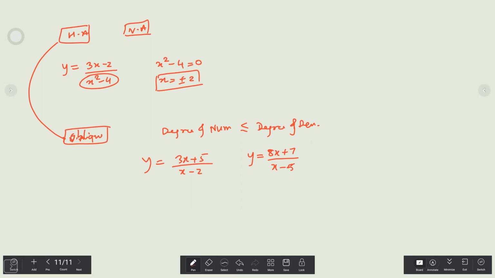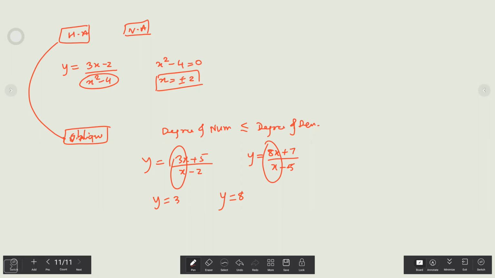Now, when you want to find the horizontal asymptote, if your degree of numerator and degree of denominator are the same, you can just take the coefficients. So y equals 3 is the horizontal asymptote here, or y equals 8 here. So if the degrees are the same, you just take the coefficients of the leading term.